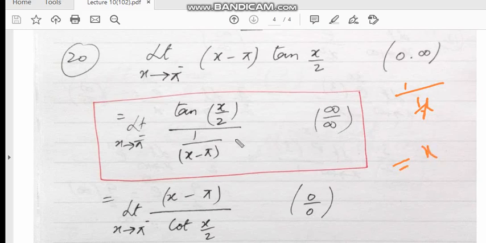Applying this principle here, I have written this quantity as this form, 1 over x minus pi. Now this is tan pi over 2, that is infinity. If I put pi here, this will be 1 over 0 from left side, and this is 1 over infinity, 1 over 0, and that will be equal to infinity.